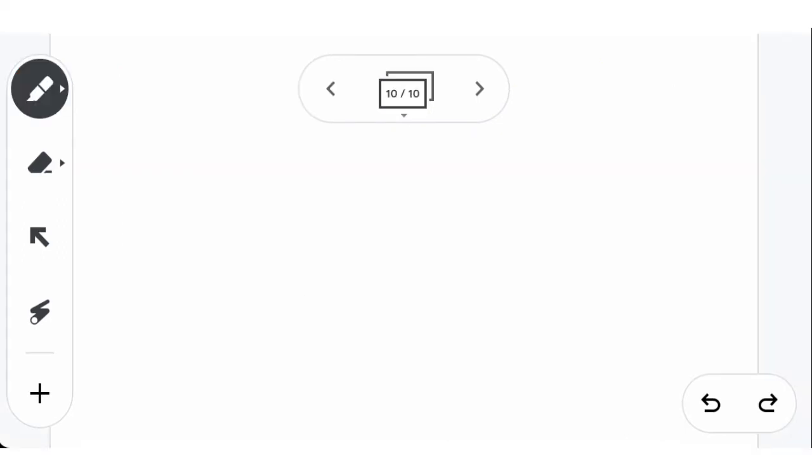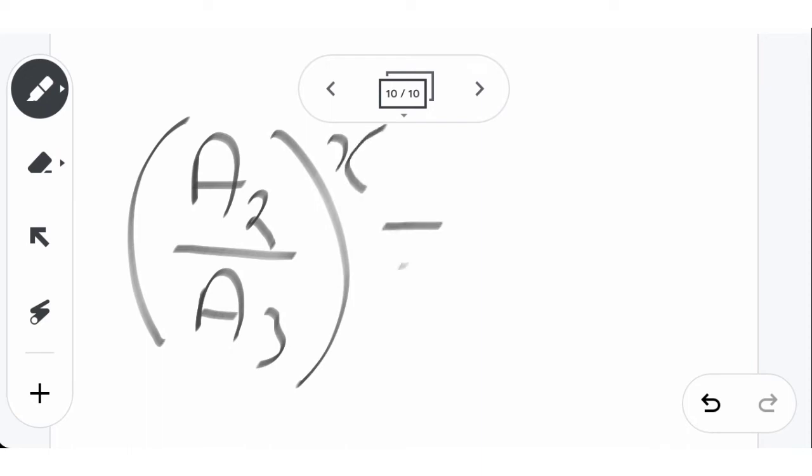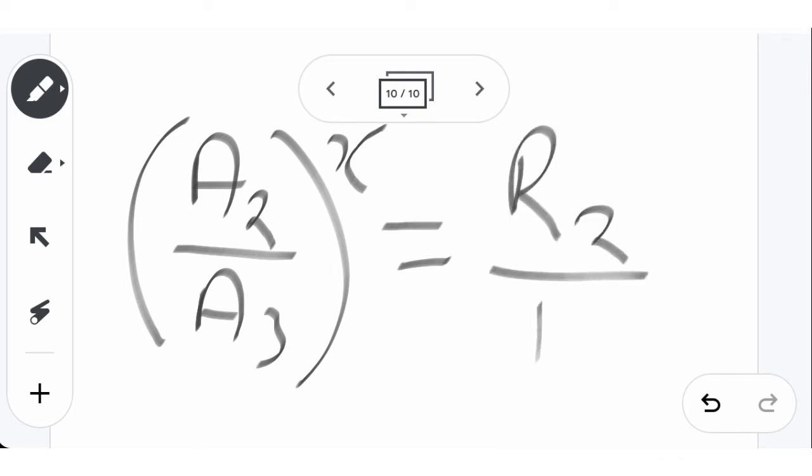To solve for X, this is the formula that we're going to use. So we'll use the concentration of A from experiment number 2 over the concentration of A from experiment number 3. Then X as the exponent equals, then we're also going to use R2 over R3.